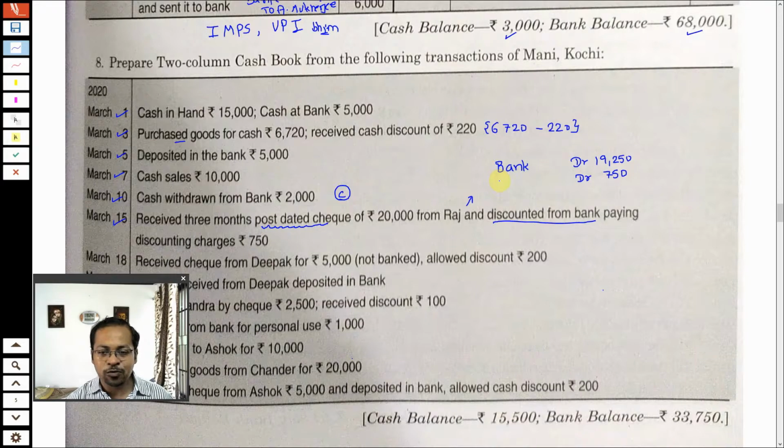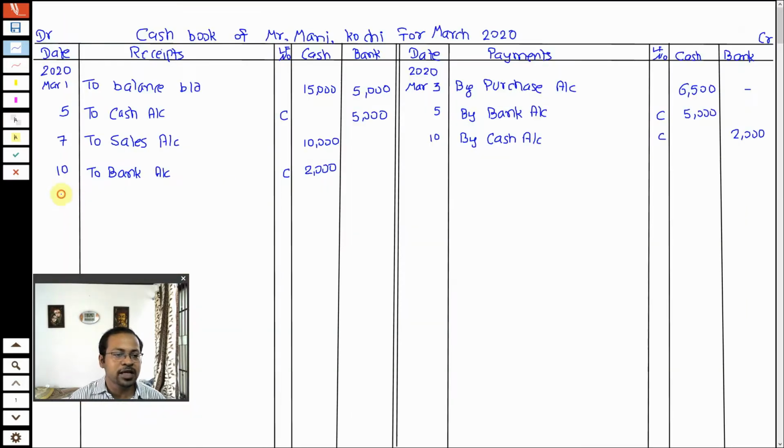So this is debited to discounting charges account, and now credit the giver. Who is the giver? Raj. So Raj gave us 20,000. So here I will pass only the entry which is concerning bank. Discounting charges debit will be recorded in the journal. So bank debit to Raj 19,250 on March 15th.